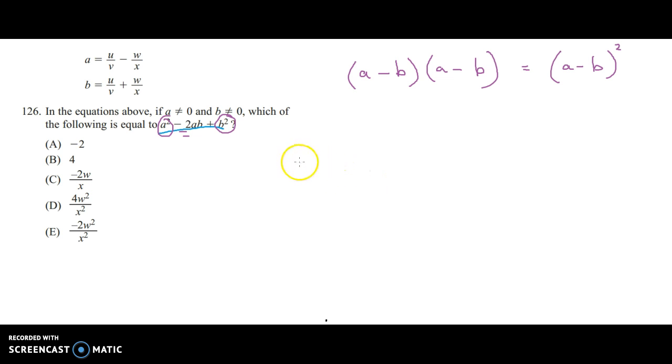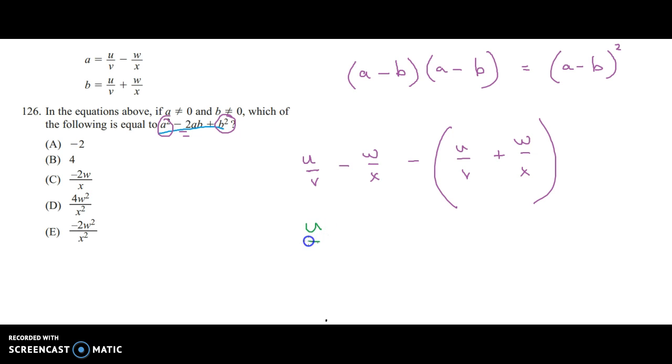So let's set this up. We're going to solve for a minus b. Well, a is this, u over v minus w over x, and all of that minus the entire b expression, which is this. We can distribute the negative across, because it's minus both of those terms.